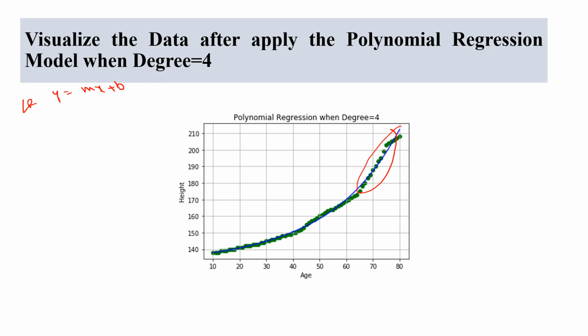Suppose our degree is equal to 0. Whenever the degree is equal to 0, y is equal to a constant. Suppose y is equal to m1 x1 plus m2 x2 plus b. So here the degree is equal to 1, so y is linear.